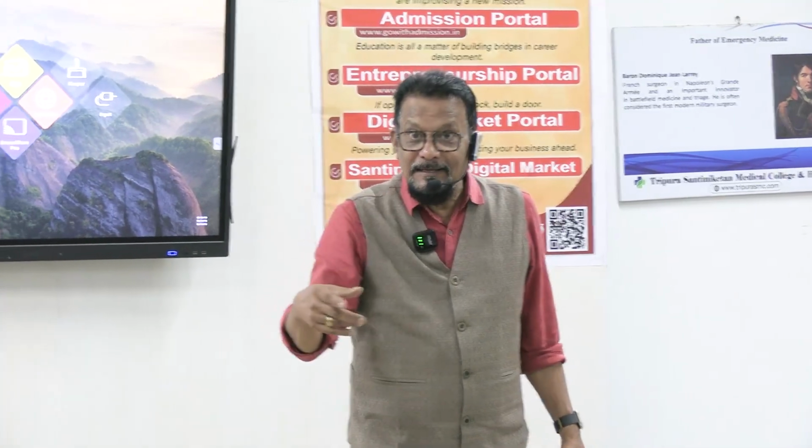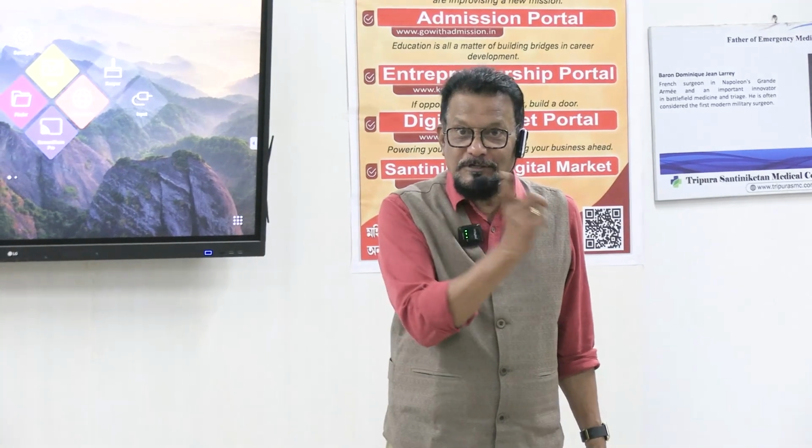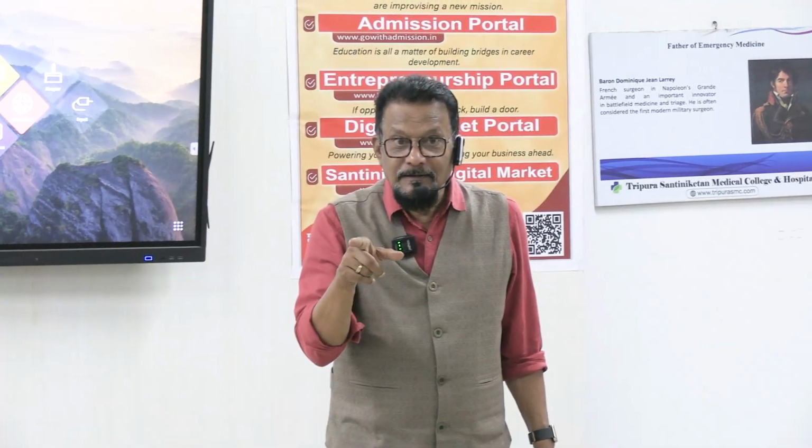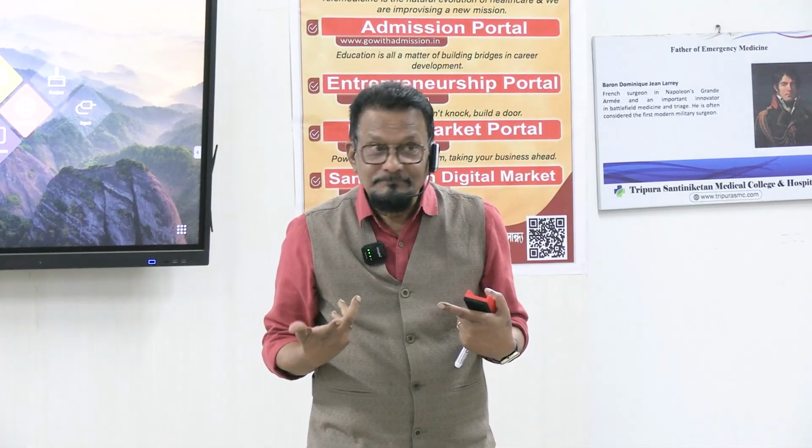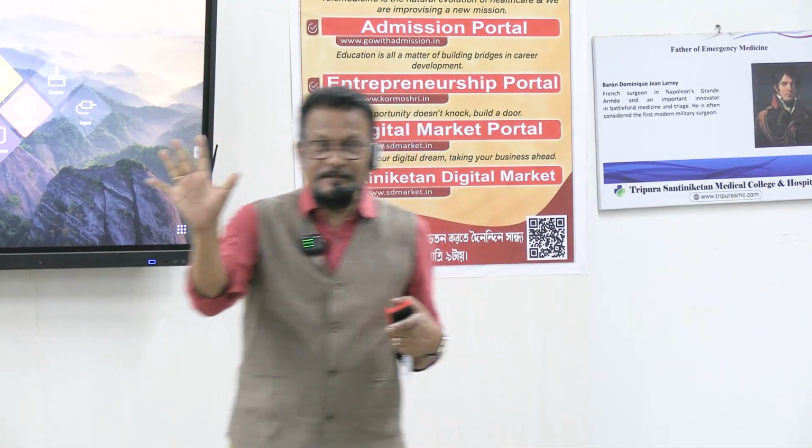Means there will be no formation of HCO3, so there will be accumulation of hydrogen ion. So my blood will become acidic. You understand this? So stoppage of breathing means accumulation of carbon dioxide in blood, means accumulation of hydrogen ion, means decreasing pH.